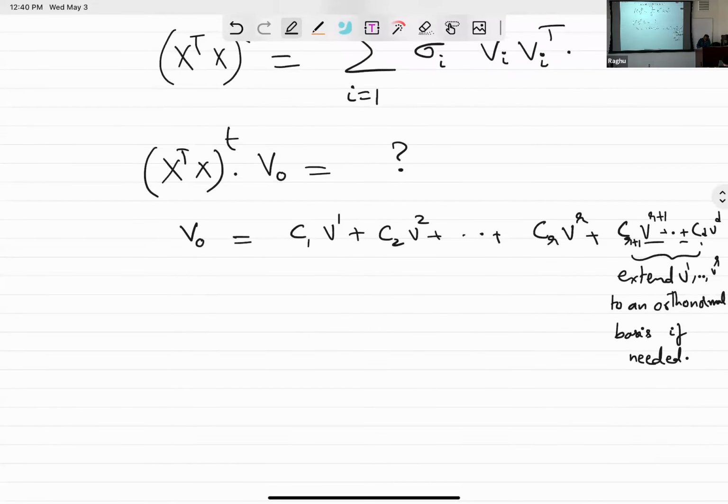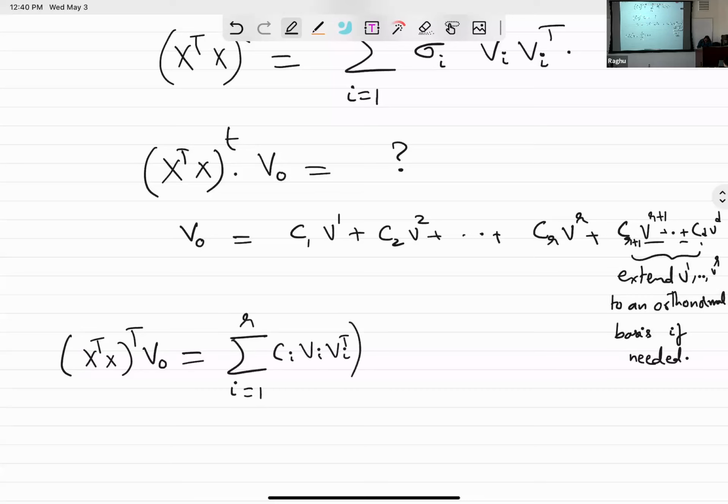Now what can I say? Well, I have this weird looking equation. I have to multiply this matrix, with sigma i to the power 2t, with this vector.